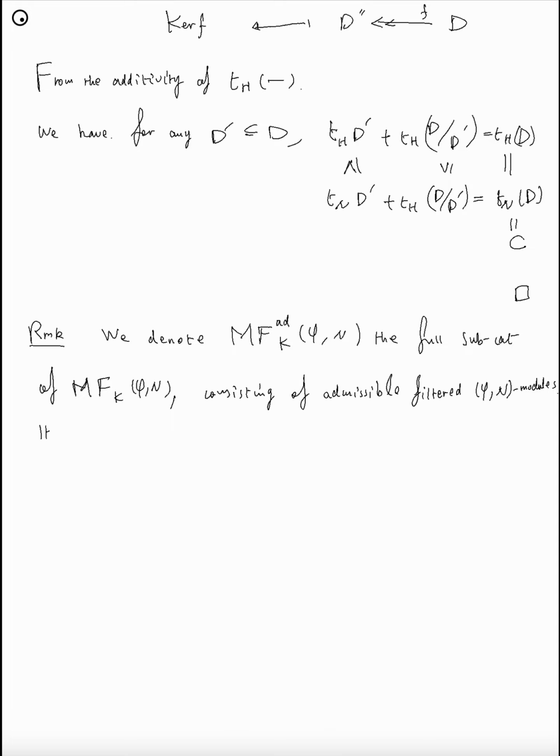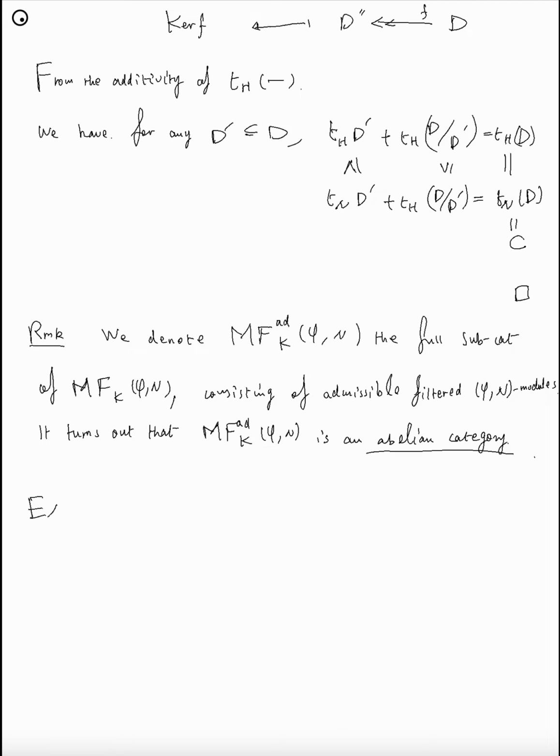It turns out that this admissible filtered phi N module over K is an abelian category. We will prove that later in another video, I guess.